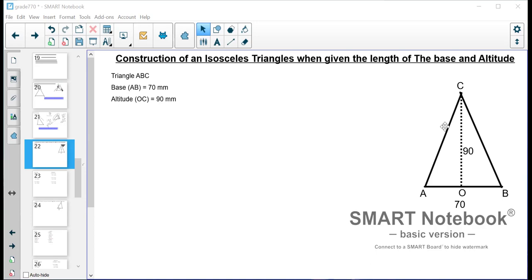All right, so on the right here, I have a little example. Of course, it's not accurate, an example of what the triangle looks like, right? The base AB is 70 mm, and the altitude OC is 90. Also, you can remember that the altitude is the vertical height of the triangle, or in other words, the perpendicular distance from the base to the apex of the triangle.